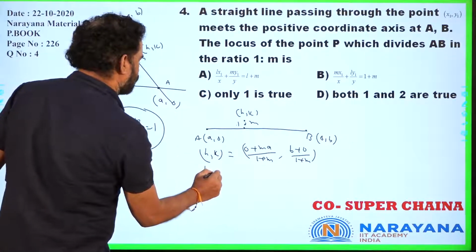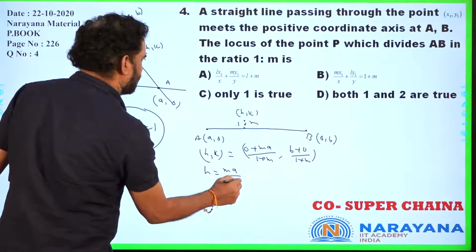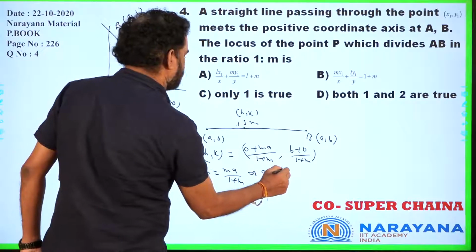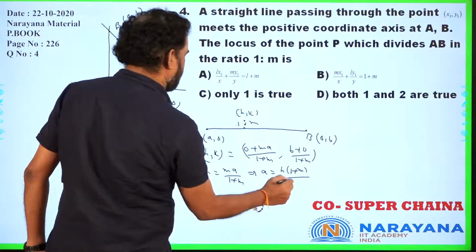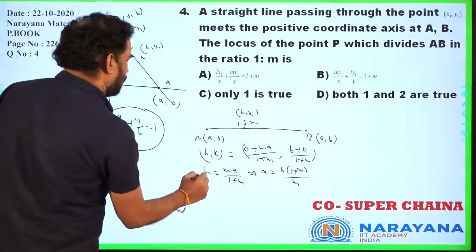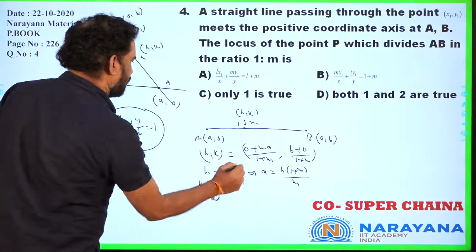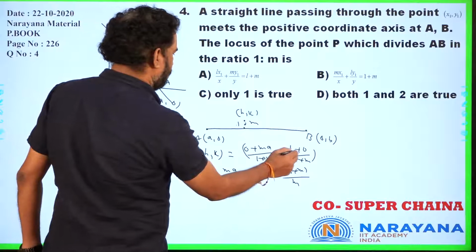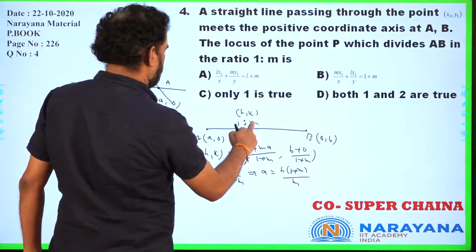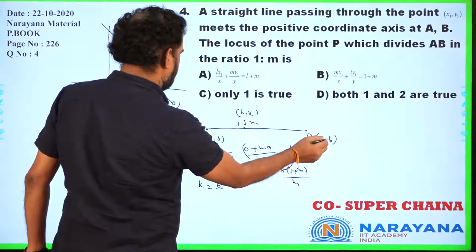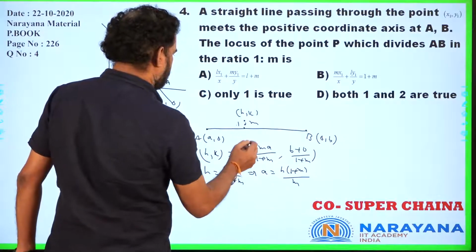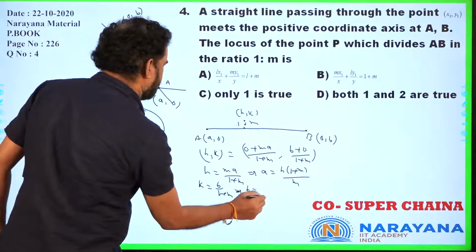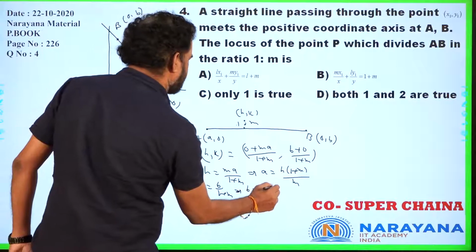So h equals ma by (1 plus m), which implies a equals h into (1 plus m) by m. Similarly k equals b by (1 plus m), which implies b equals (1 plus m) into k.